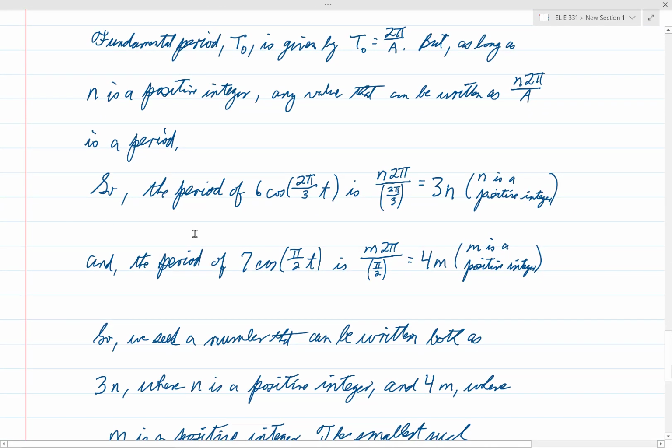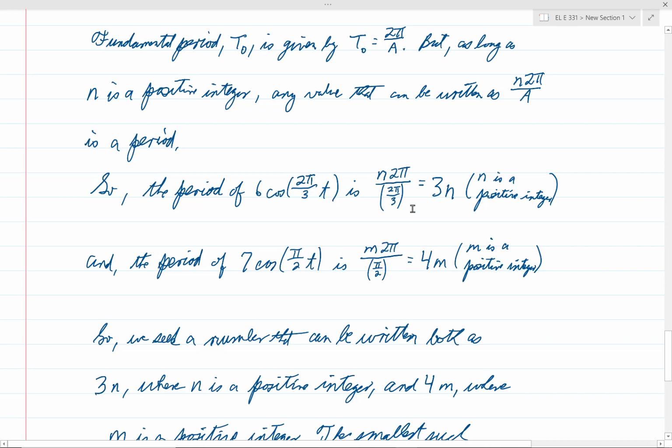So the period of 6 cosine of 2 pi over 3 t is n 2 pi divided by 2 pi over 3. And likewise, the period of 7 cosine of pi over 2 t is m, I'm going to pick m as another positive integer, m 2 pi divided by pi over 2.